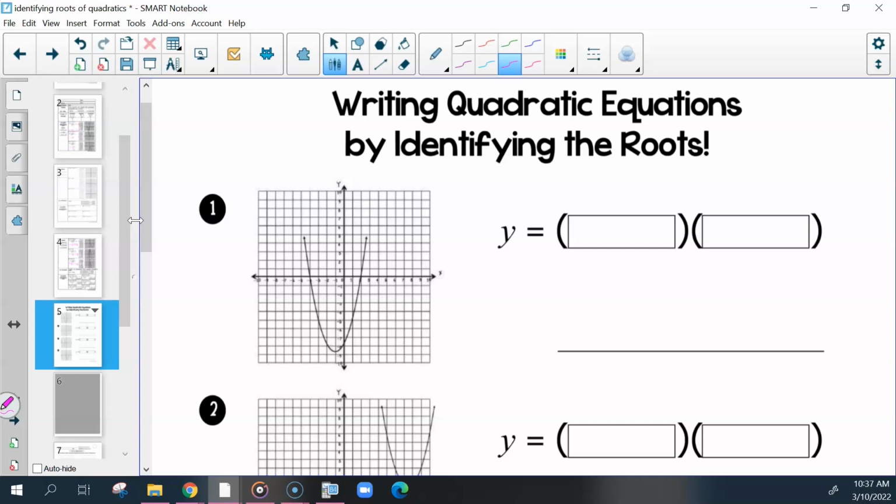So for number 1, what would the root of this be? I mean, your roots and your solutions, your x-intercepts. Negative 4, 0, and 2, 0. So I could say that this is really x equals negative 4 and x equals 2.